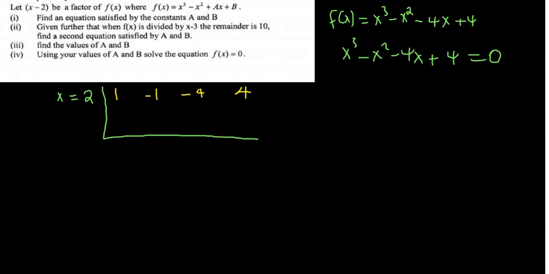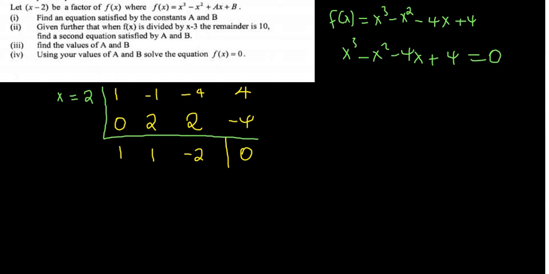So the first thing, I'll just put a 0 down here. 1 plus 0, that is a 1, and then get this one multiplied by the 2 outside, that is going to be a 2. Negative 1 plus 2, that is a 1. 1 times 2, that will be a 2. Negative 4 plus 2 is a negative 2. Negative 2 times 2, that's negative 4. So this one is the remainder. If we say 4 plus negative 4, that is 0, which is the remainder.